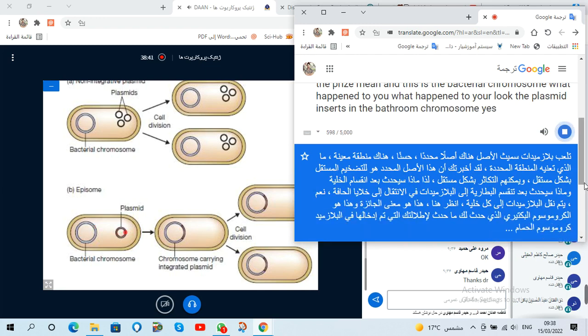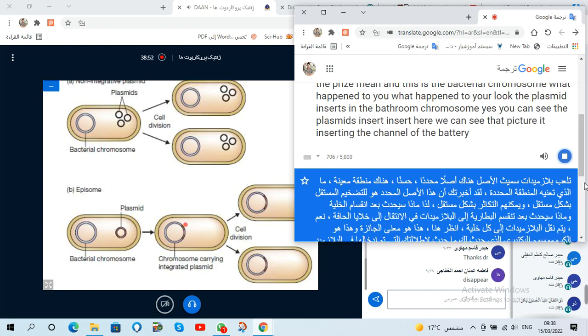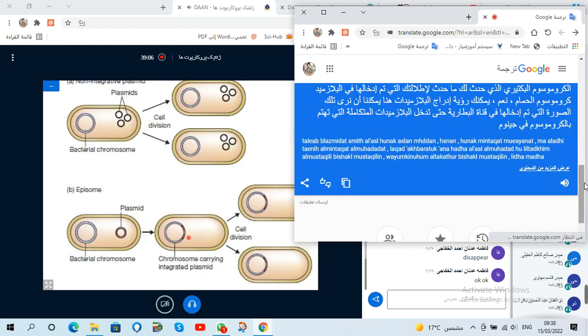Yes, you can see it in the picture. It inserts in the genome of the bacteria. So the chromosome carries the integrated plasmid.